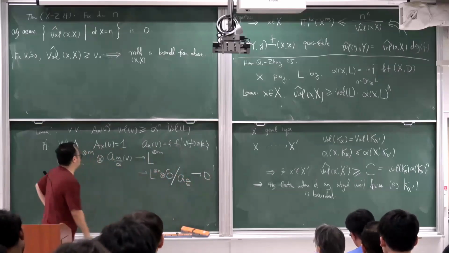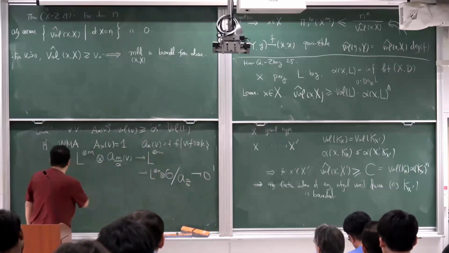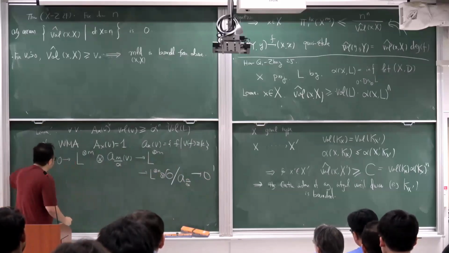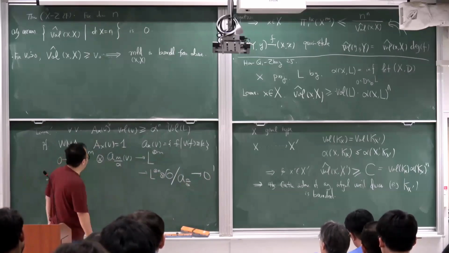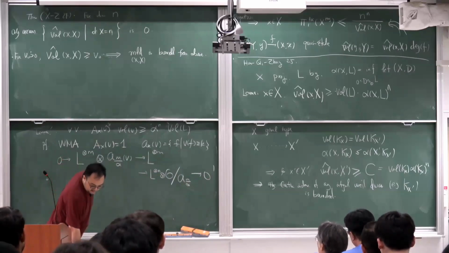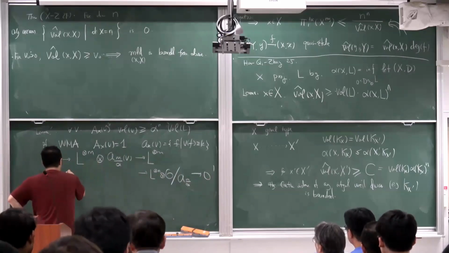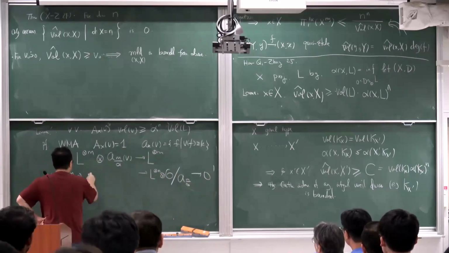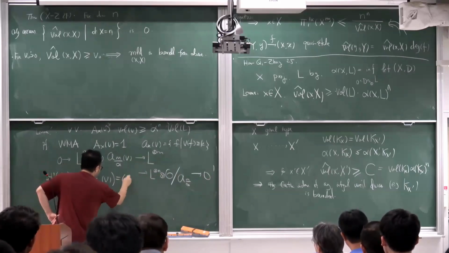So we have this, but because A_X(V) is equal to 1, we know that H0 of L^m tensor a_m^alpha(V) is equal to 0.